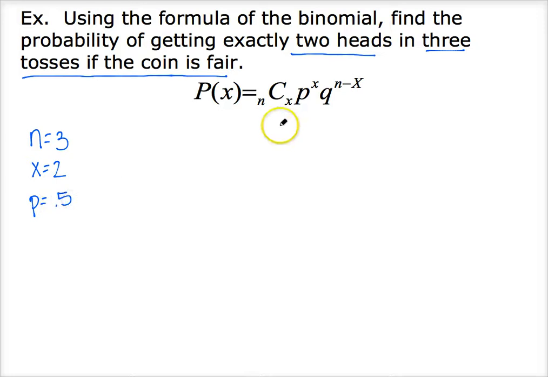Because we are referring to getting heads, that will be our success. Because the probability of success is 0.5, the probability of failure is also 0.5 by the complement rule, or by considering the probability of getting tails.